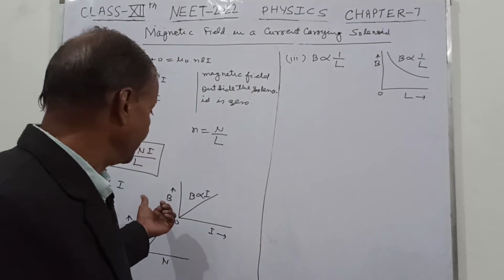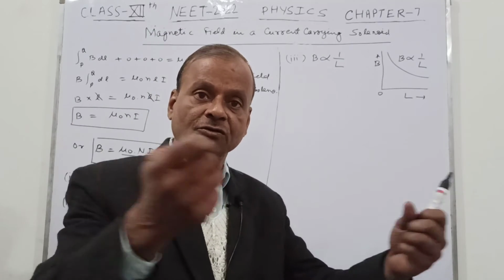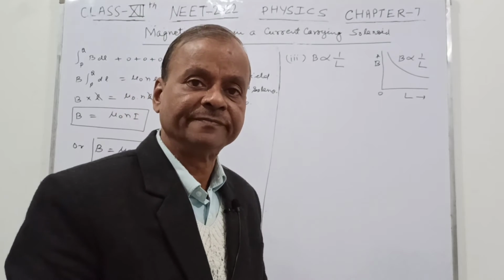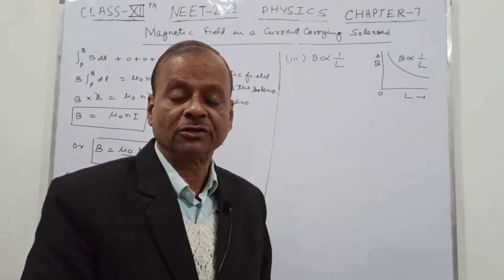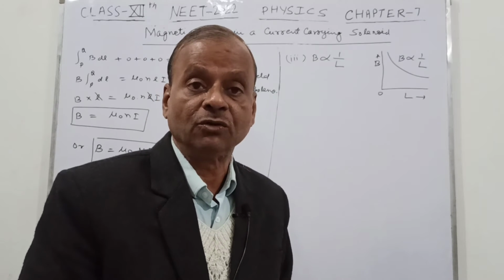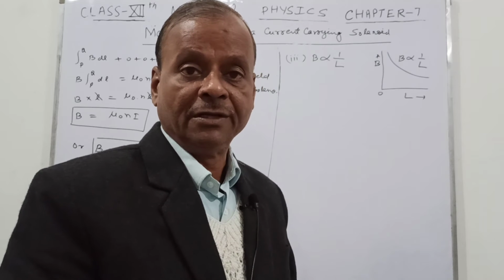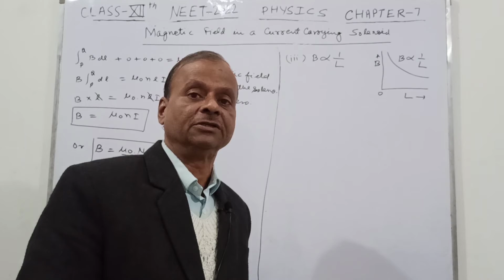And if we are having the same number of turns and the coil is expanded or contracted, then in both the cases the magnetic field will change. So it also depends upon the length of the solenoid. So it is not correct if somebody says that this is independent of the length, this always depends upon the length of the solenoid.